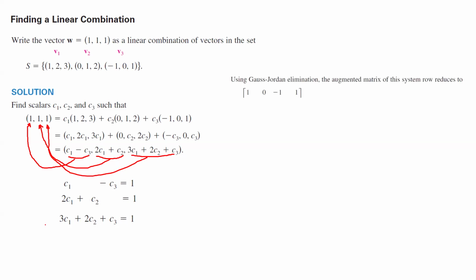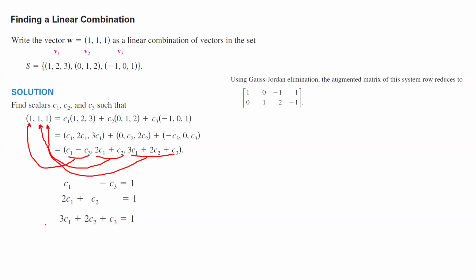Let us use Gauss-Jordan elimination and form the augmented matrix. The very first row is 1, which is the coefficient of C1, 0, which is the coefficient of C2, -1, which is the coefficient of C3, and 1, which is the constant term on the right-hand side. The second row is 0, 1, 2, and -1.